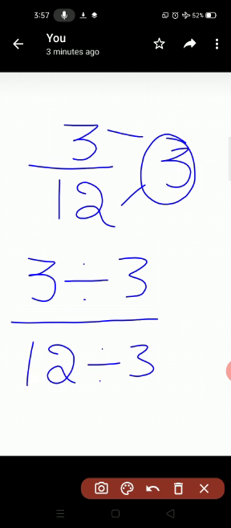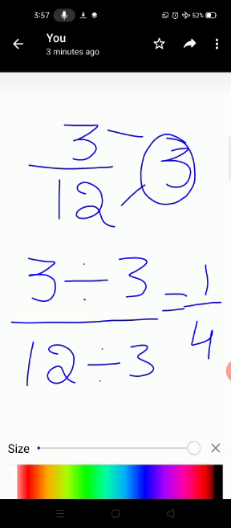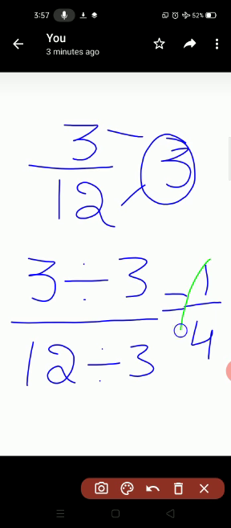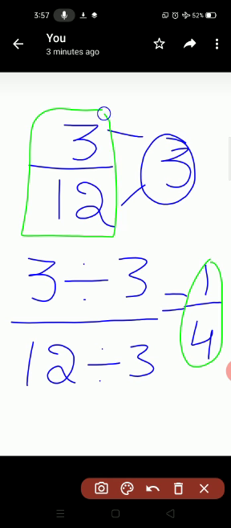Then 3 by 3 means 1 and 12 by 3 means 4. Here this 1 by 4 is the simplest form or reduced form for the given fraction 3 by 12. So if a numerator and denominator have a common factor, then we should simply divide both by that common factor.